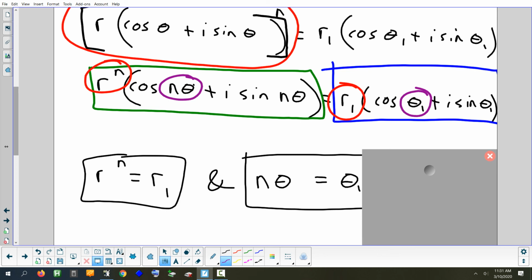Now, if you were finding a cube root, how many answers would you have? 3. How about a fourth root? 4. 12th root? 12. Right now, this gives you one answer. And that's fine.